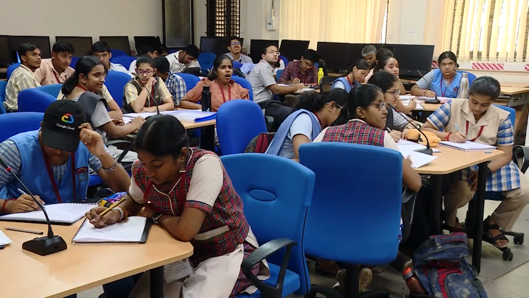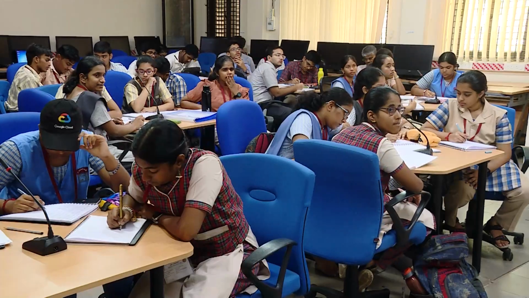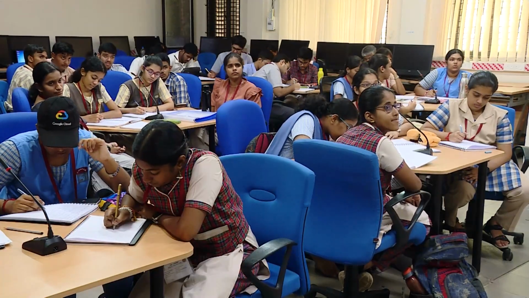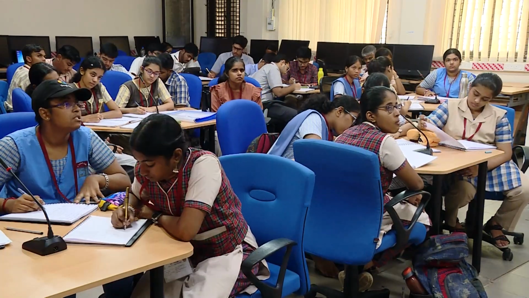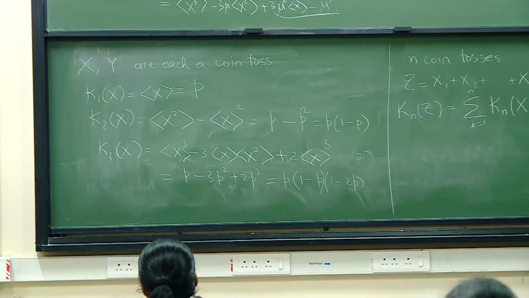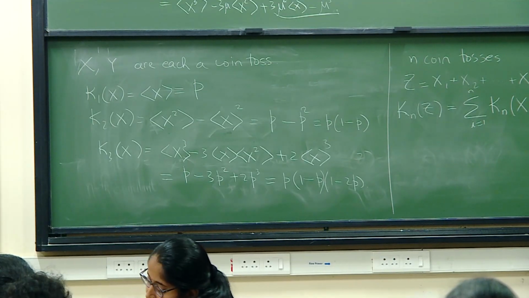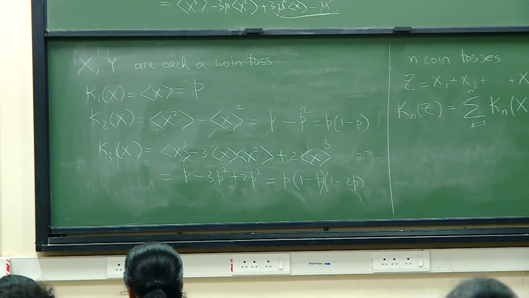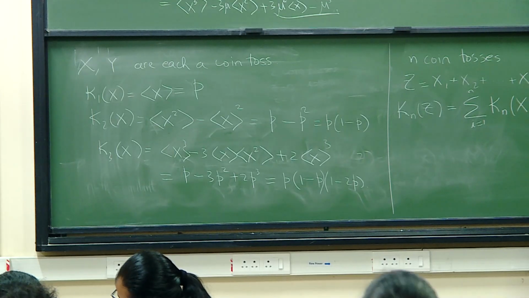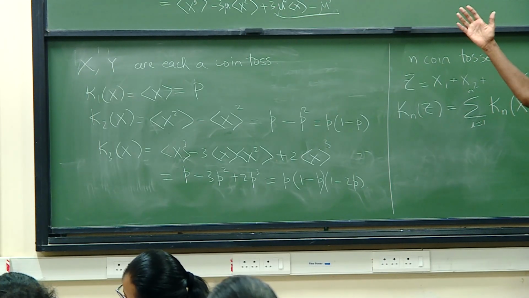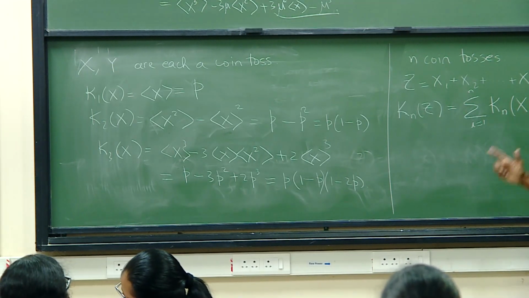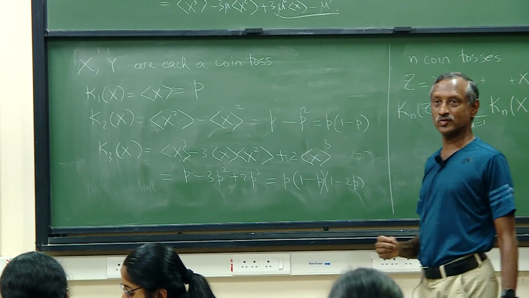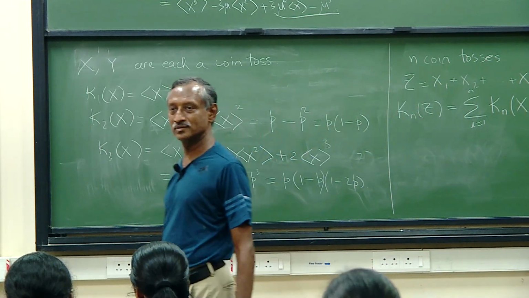How do you understand this? I can think of this as my first and then write it as cumulant of this plus cumulant of the rest. Keep doing recursively, you can show that cumulants add completely. Not just for 2, 100 of them, you add the cumulants. Now comes the punchline. These were all numbers, right? All of them are identical coin tosses, identical coins. So each one of them will give the same answer.